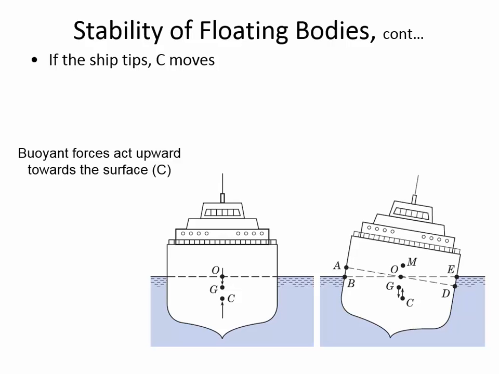But what you'll notice about now that we've tipped it to the side, the center of gravity is in the same place, because by tipping the boat, that doesn't necessarily shift the load. Although if the load isn't ratcheted down, it can move around on the deck. But let's assume that everything in the ship is securely held, so that the center of gravity stays in the same place. But what you'll notice is that the center of buoyancy is shifted to the right, because look at what's now underneath the waterline.